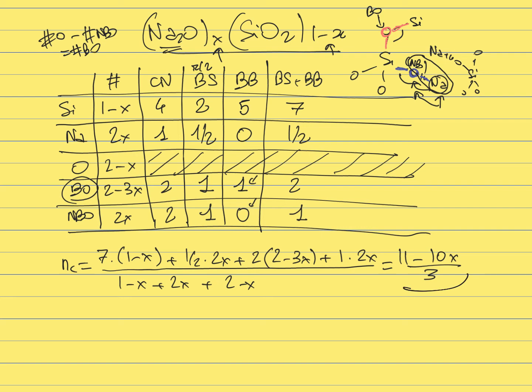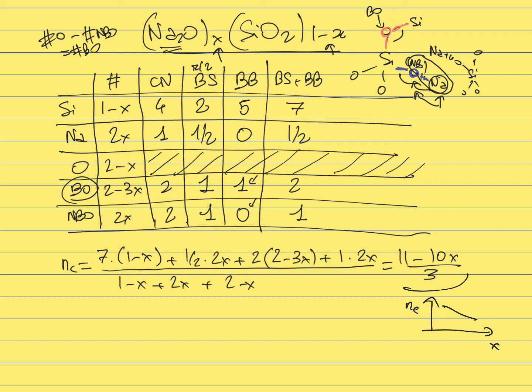Na2O breaks bonds in the glass. Na2O breaks some connection between the silicon. It's transforming some bridging oxygen into some non-bridging oxygen. So as you can see, if you plot the number of constraints per atom as a function of x, that's going to be a function that linearly decreases. The more you increase x, the more the number of constraints per atom decreases. It's because sodium atoms tend to depolymerize the system.